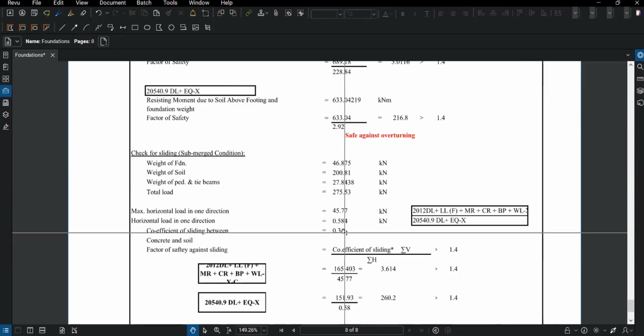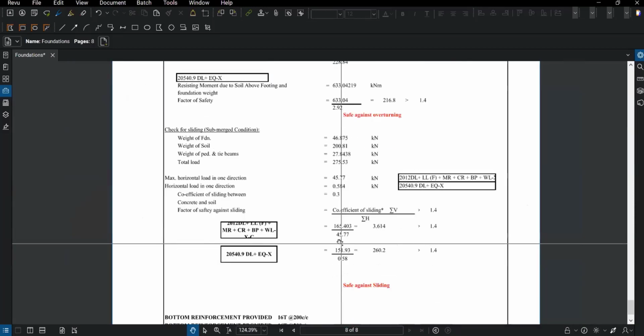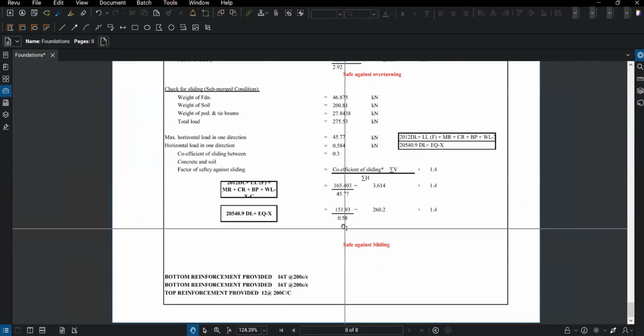So these are two pretty simple checks on sliding and overturning, which concludes the design of a foundation with the initial sizes of the iteration.